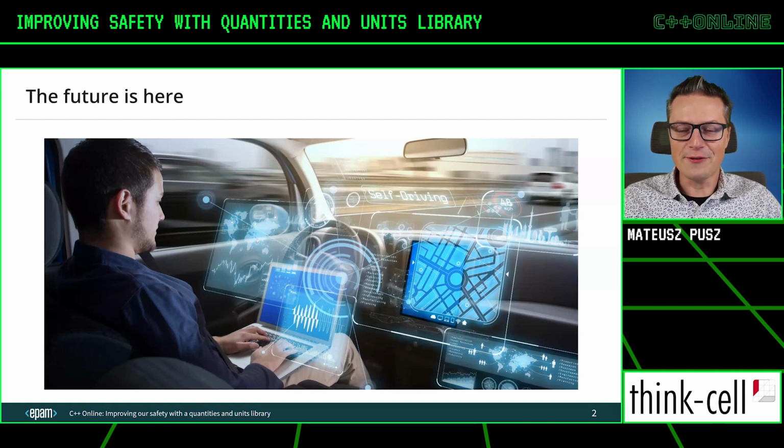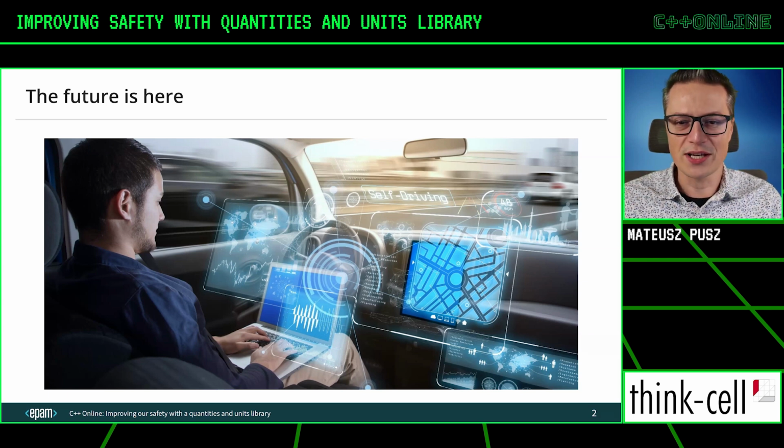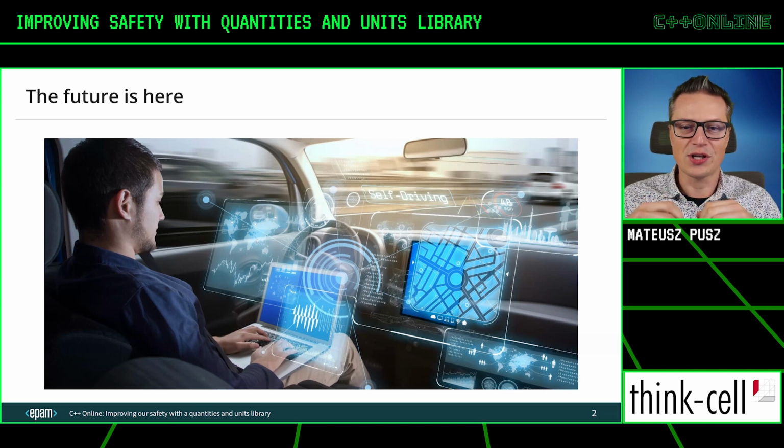First of all, safety as a feature has started to be really important lately. It's not only the US government complaining about C++ not being a memory safe language, but also about how we provide new products and how people's lives start to depend on the products that we make. So safety is not only important to developers, it's also important to our end users.